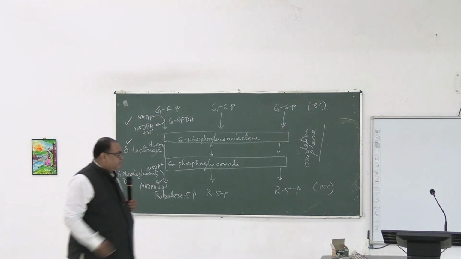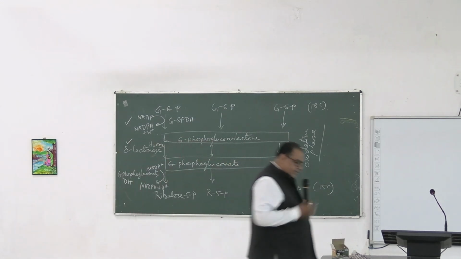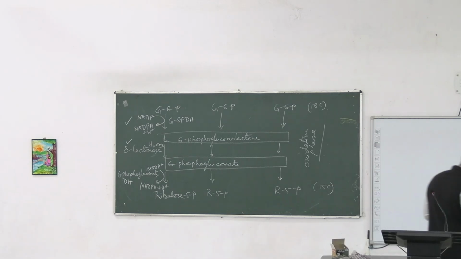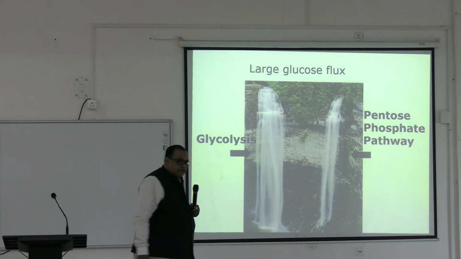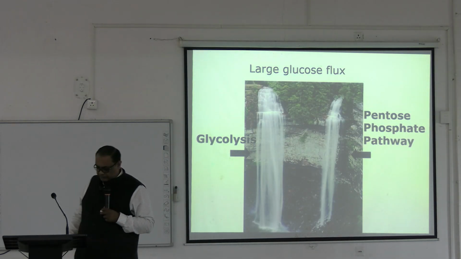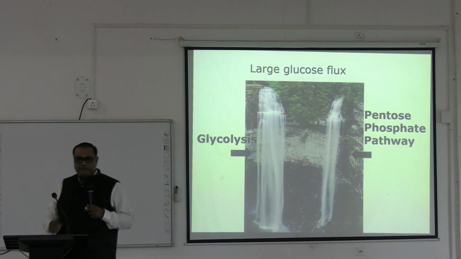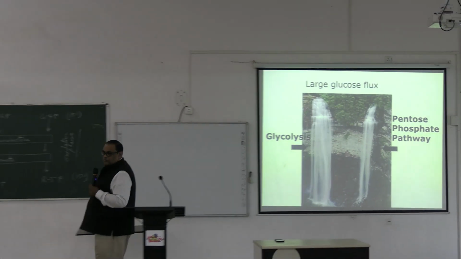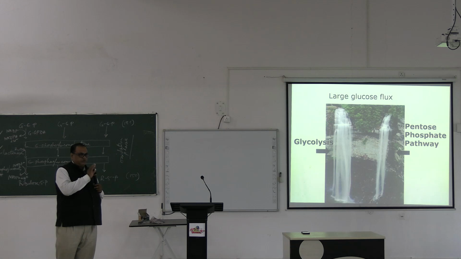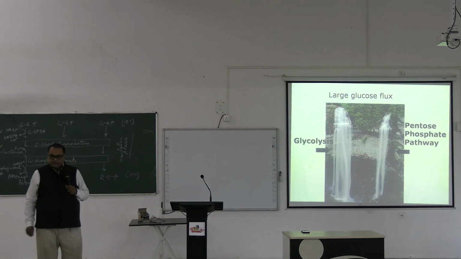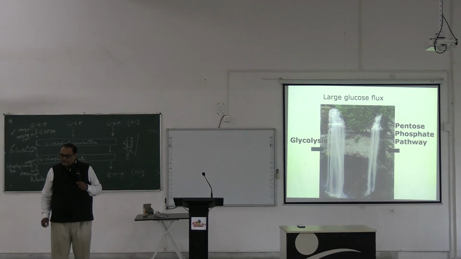That is why when I mentioned this picture, it is actually a misnomer. What image does it actually produce in your mind regarding HMP shunt pathway? It is a secondary, subsidiary pathway, correct?